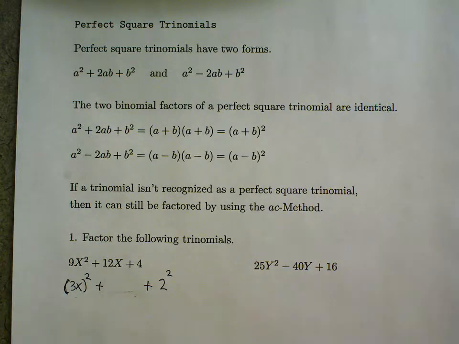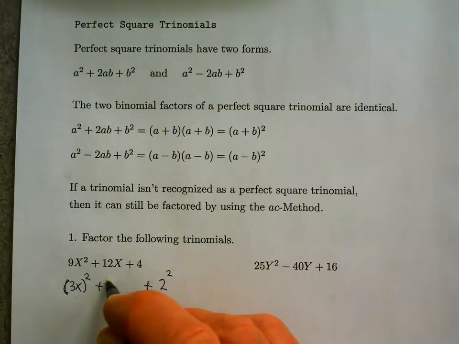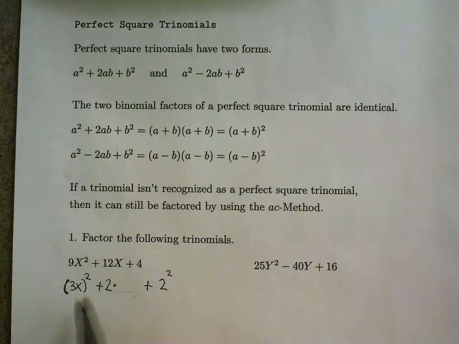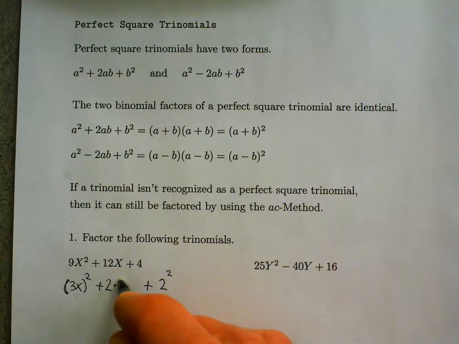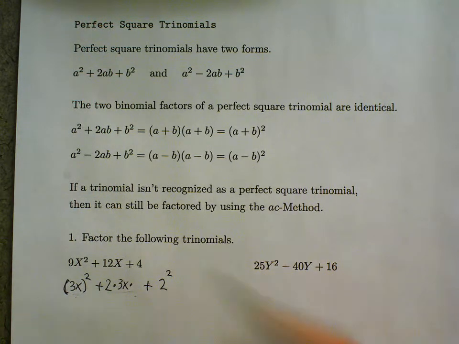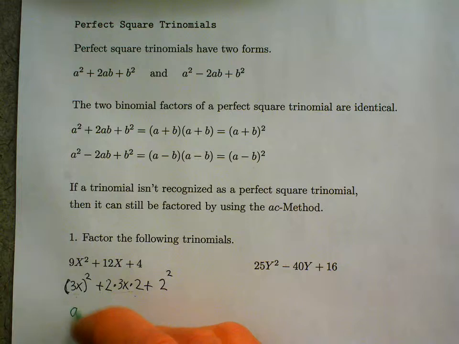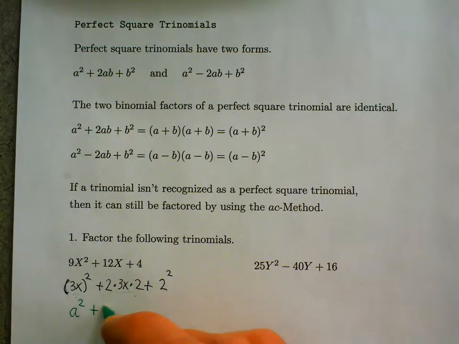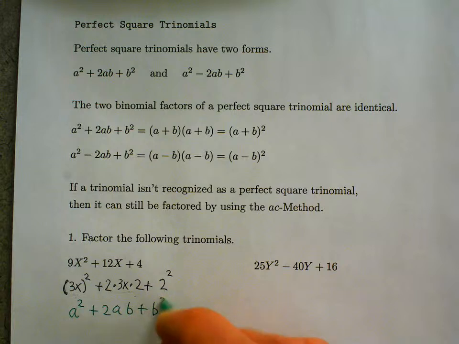So we can check, does this have the right form? We'll write, in the middle, plus 2 times 3x times 2. So if you see what I'm doing, I'm writing this in the form a to the second plus 2ab plus b to the second.